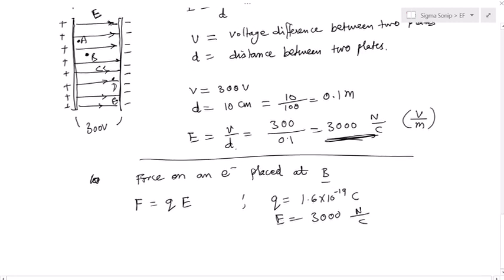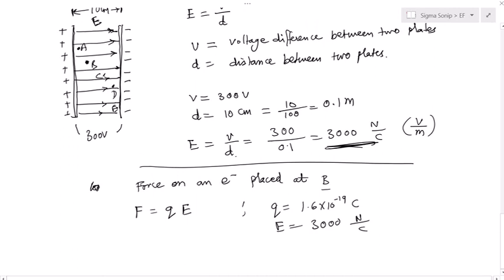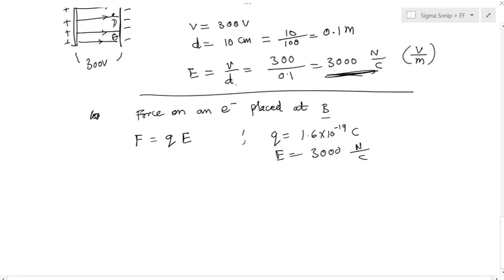So if I place the electron at point B between these two plates, the force that it will experience will be 1.6 times 10 to the minus 19 times 3000 newtons. You can just plug that into a calculator and find the force that the electron would experience.